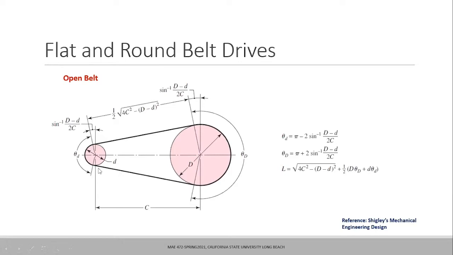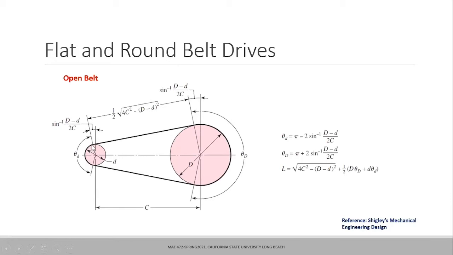If you look at this term, capital D times theta D, which is the angle of wrap times the radius, it tells you the length of belt that is in contact with the bigger pulley. This term, small d times theta d divided by 2, gives you the length of the belt in contact with the smaller pulley. It is r theta.